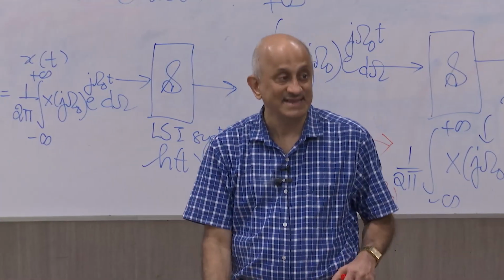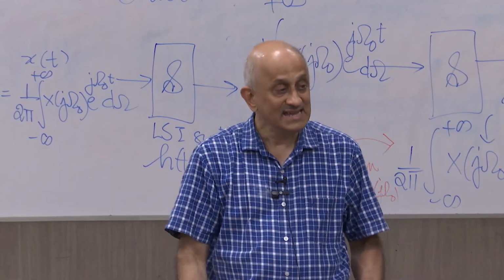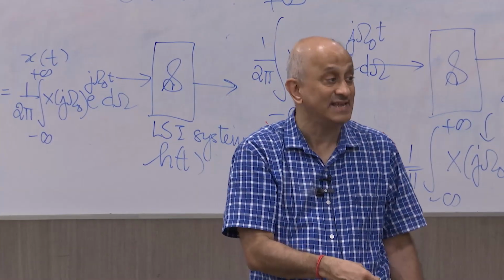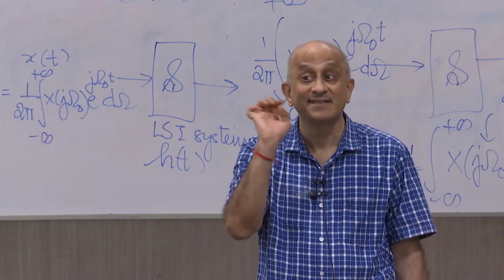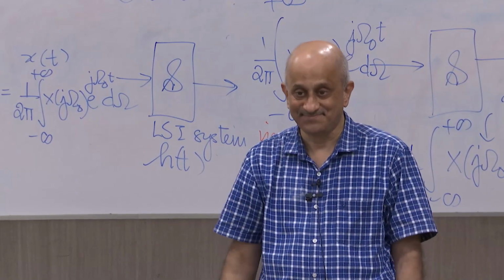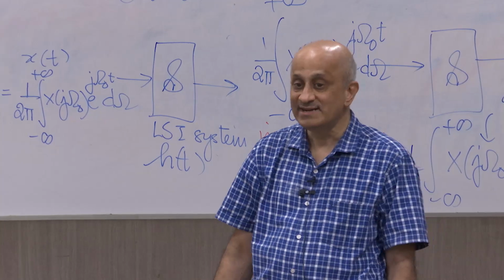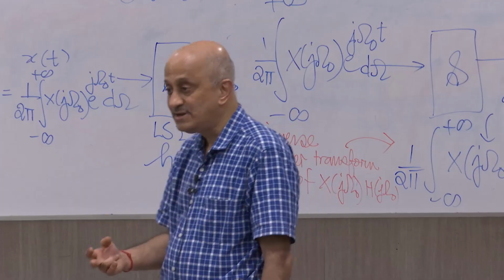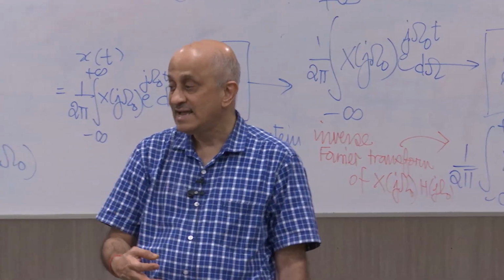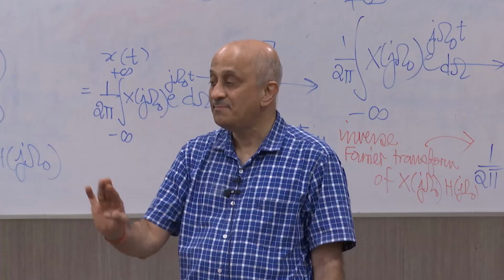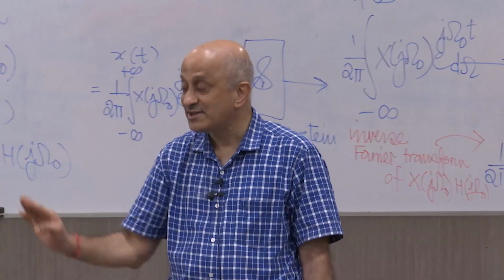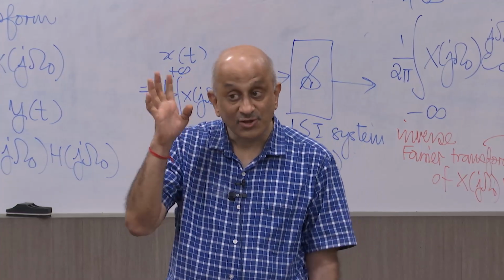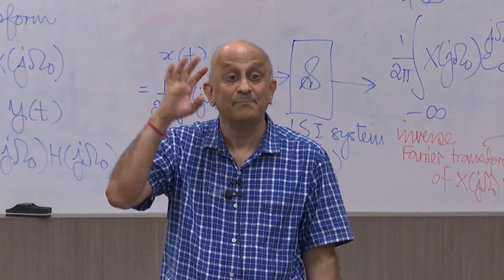Each component of the output can be calculated with the corresponding component of the input. This is another way to understand this product relationship. Each angular frequency component, each phasor component of the output can be obtained in a decoupled manner from all the other angular frequency components. So, there is a certain sense of orthogonality, a certain sense of being perpendicular.